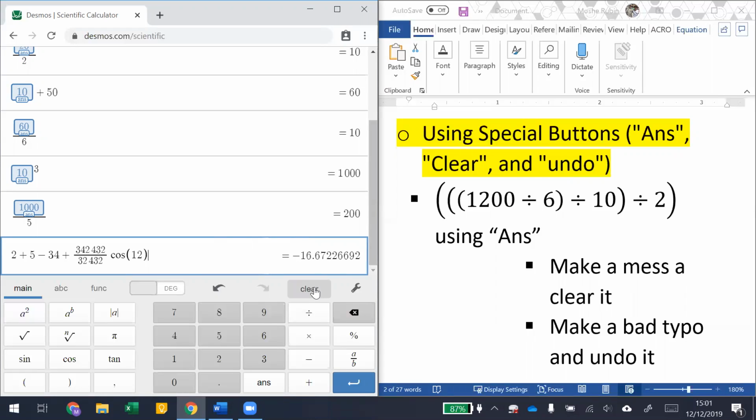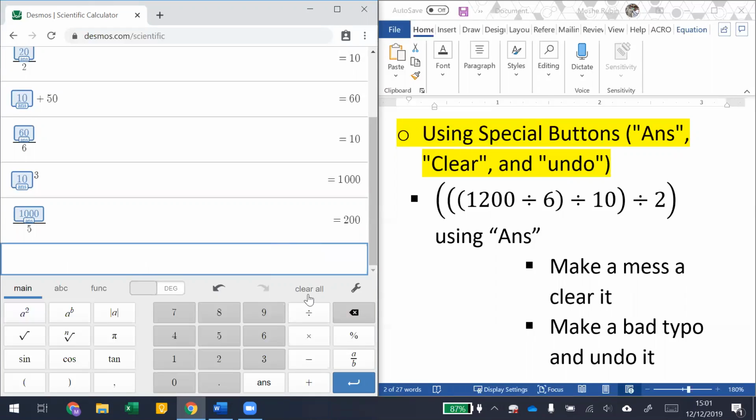I might notice that my clear all button has changed to just clear. And right now if I press it, it will just clear that line for me and let me start over. So sometimes I'm starting a problem and I type some stuff and it looks like it's not right and I might have to start over, so it's nice to have a way to clear.